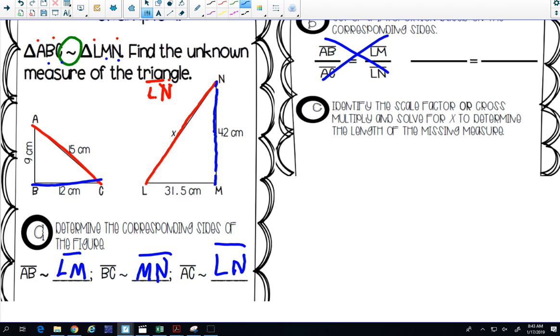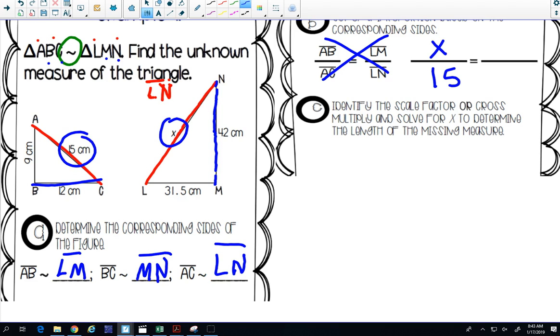Instead, I'm going to look at the one with the variable. So X is right here. That's LN of the larger triangle. What does it go with on the smaller one? 15. You could put it across or you could put it up and down. Either way, you're going to get the correct answer. So X corresponds with 15.